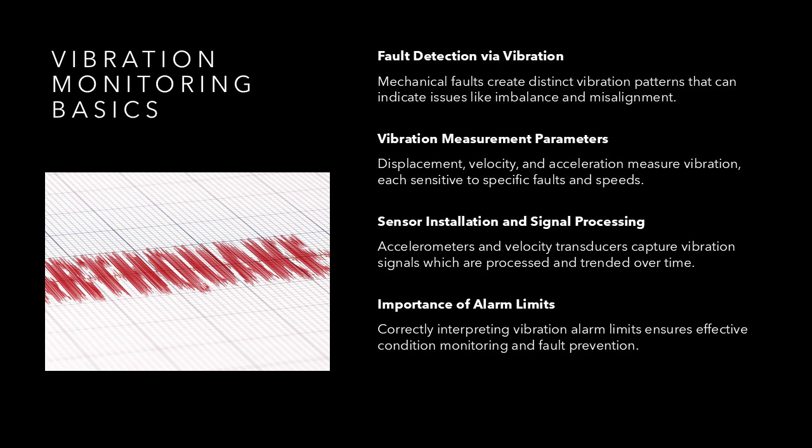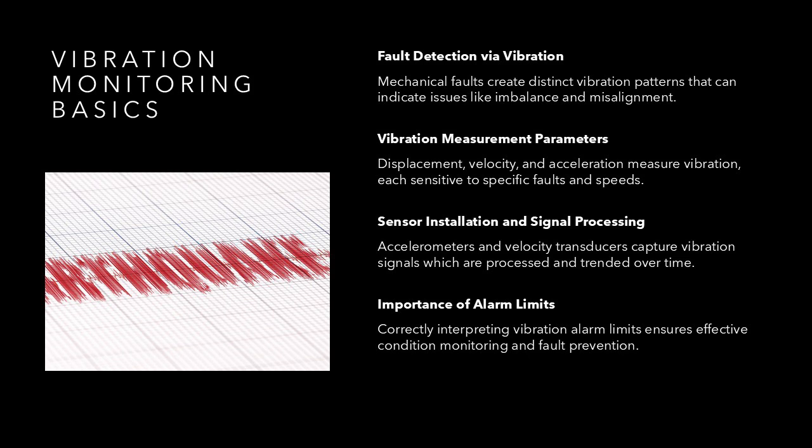Engineers typically evaluate vibration using parameters such as displacement, velocity, and acceleration, each of which is sensitive to different fault types and machine speed ranges. ISO 10816 primarily uses vibration velocity expressed in mm/s RMS because it provides a reliable indication of overall machine condition across a wide range of industrial equipment.